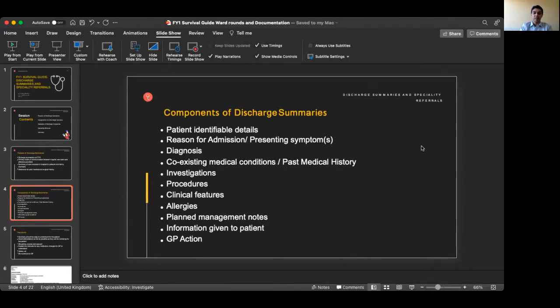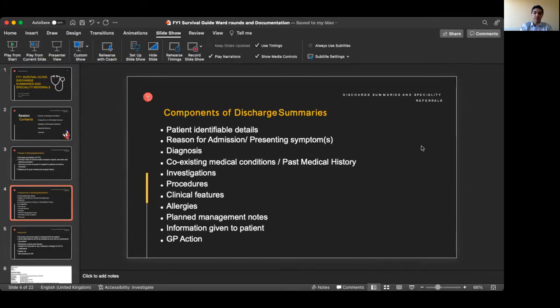So this is important because the patient is aware of any care that they will be receiving in the community. The GP is also aware of this, but also because ward clerks, when you print a discharge summary, can use this section to book outpatient appointments with the consultants for this planned specialty.